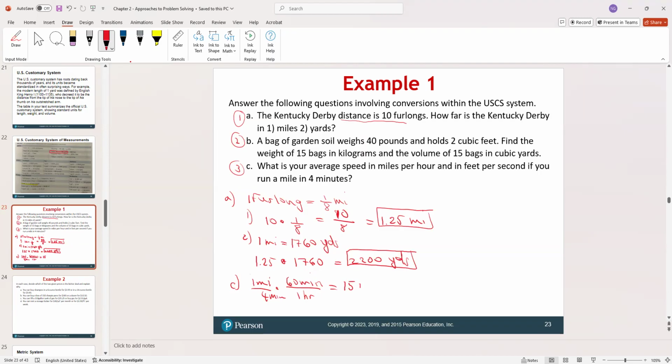That's what you're going to do in 1 hour, because they asked for the average speed in miles per hour and in feet per second.